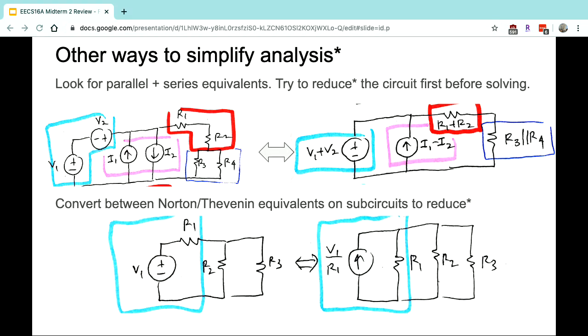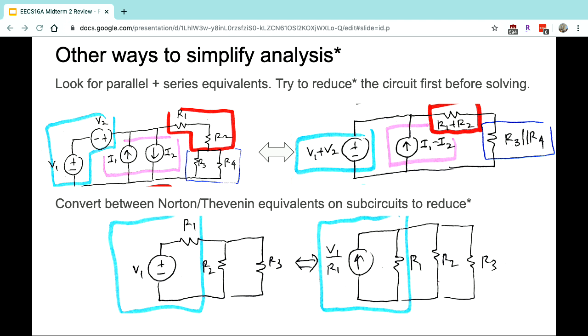Another thing that it's highly suggested to do before you start solving with something like node voltage analysis is to try to find as many ways to simplify your circuits as possible. In this example, if we look at the blue box over here, if we have two voltage supplies in series, we can combine those. I can make V1 and V2 into V1 plus V2.